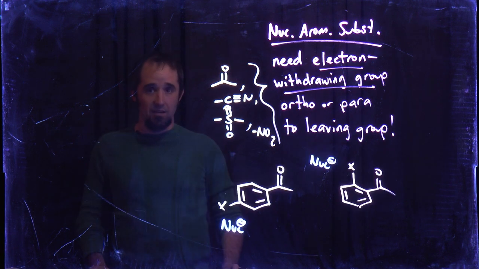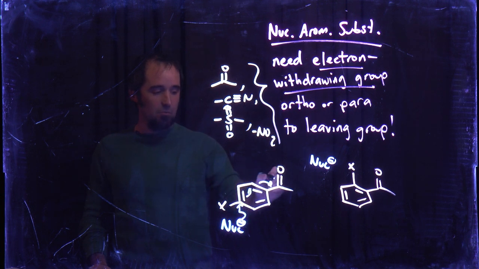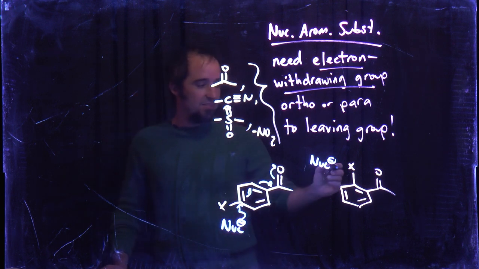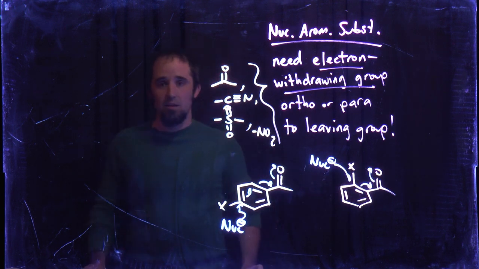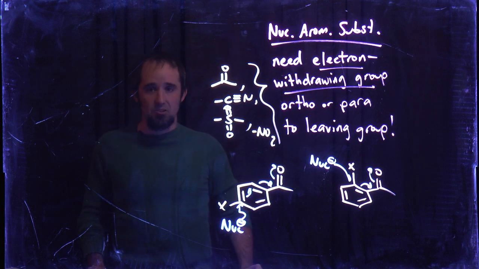Why do I need that? Again, when it's para and I attack at that position, I can delocalize the charge up to that electronegative atom, and the same goes if it's ortho. But if it's meta, I can't get the charge up onto that oxygen. It won't work. So that's rule number 1.